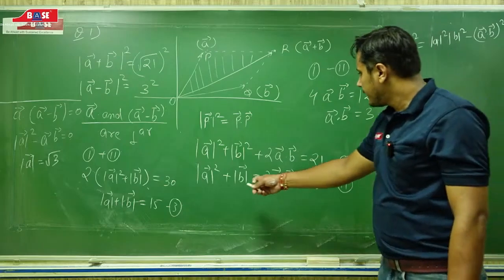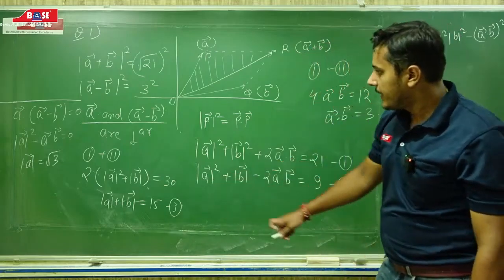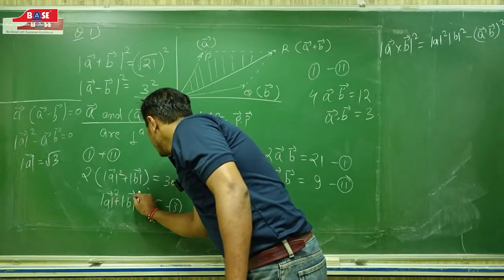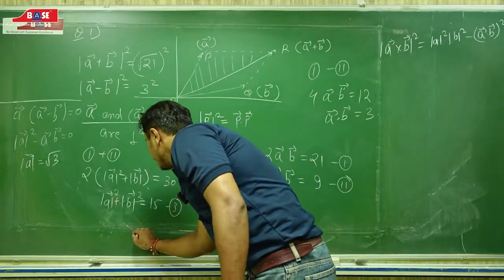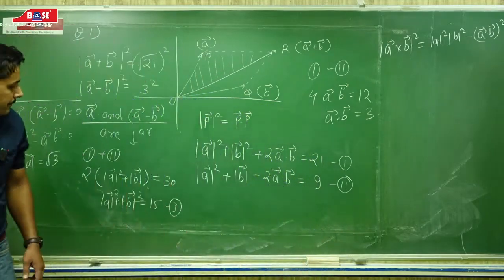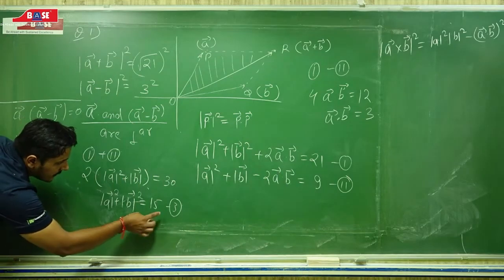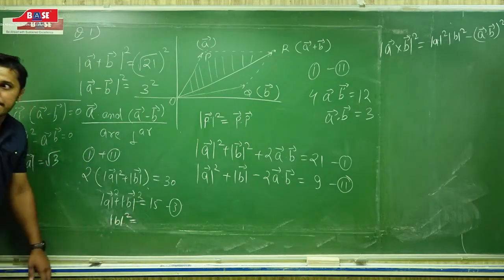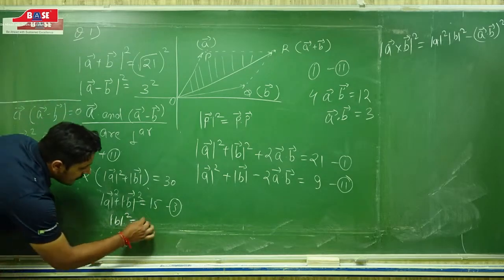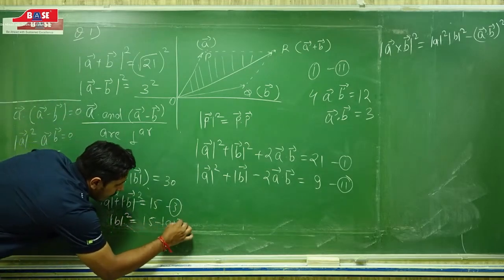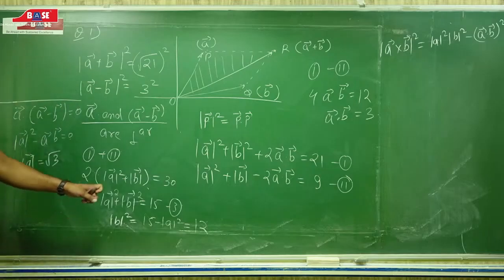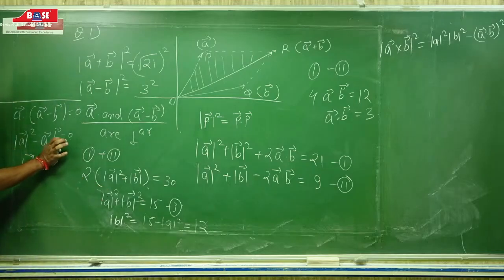So if I substitute that value over here, this is equation 3rd. So mod b square is equal to 15 minus mod a square. This value comes 12. So mod b square is 12 and mod a square is 3.